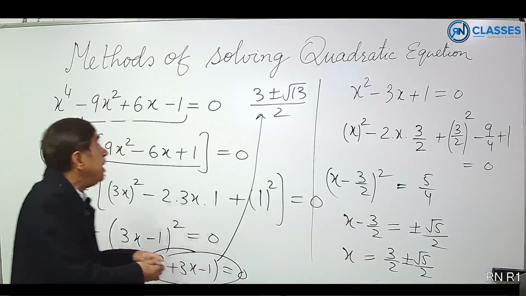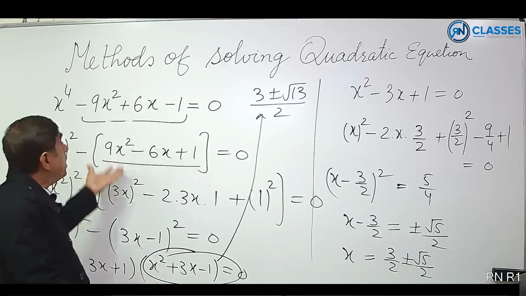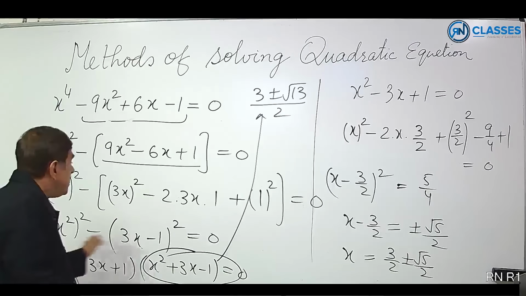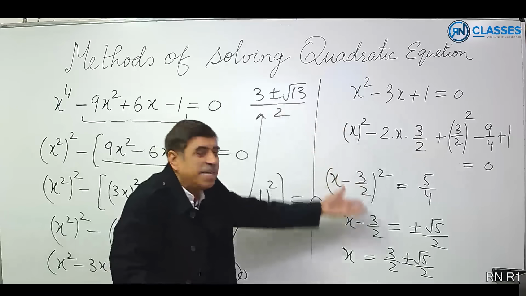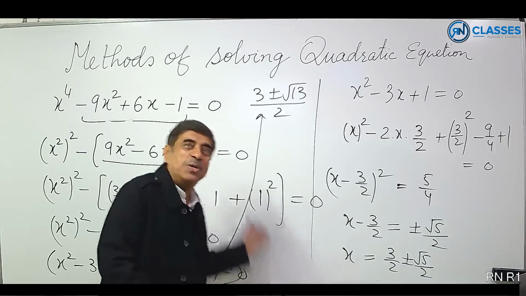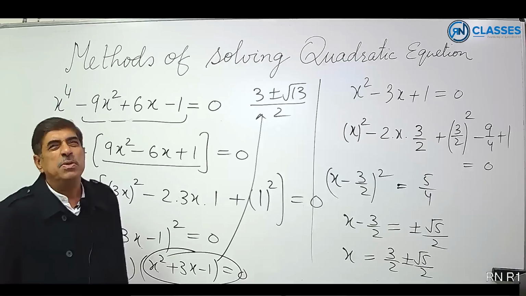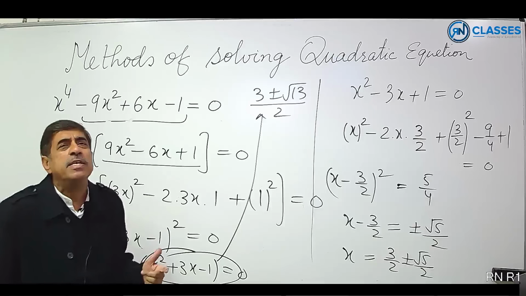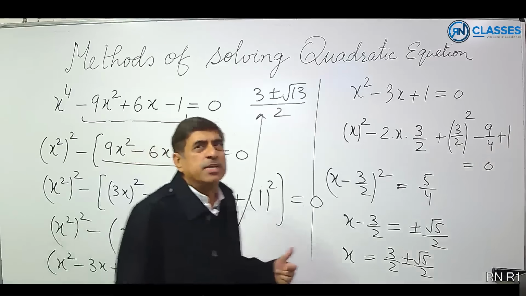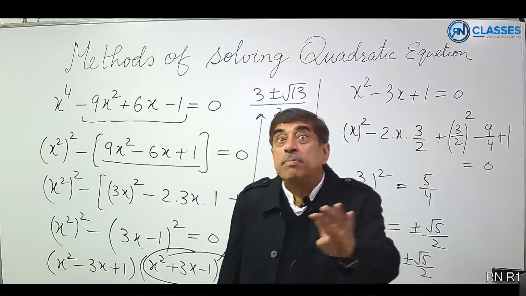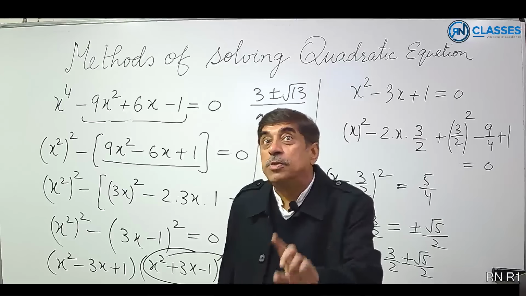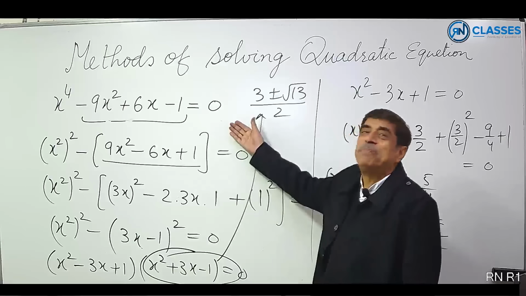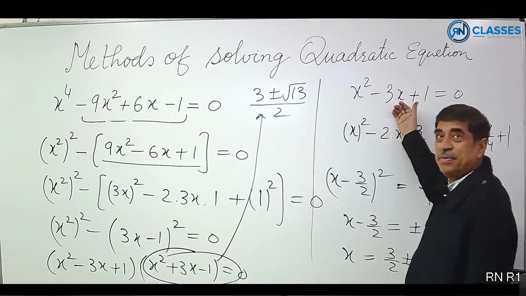We even applied it on a biquadratic equation. First we got quadratics and then again we applied completing the square to solve the quadratic equation. So the method of completing the square is a very helpful technique. In fact, method number 4, that formula, comes from the method of completing the square.